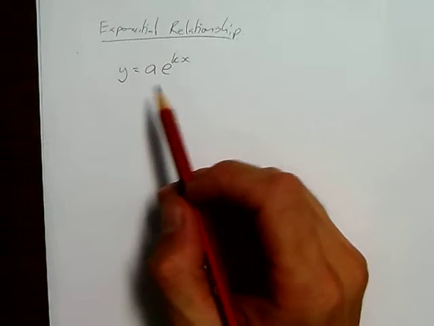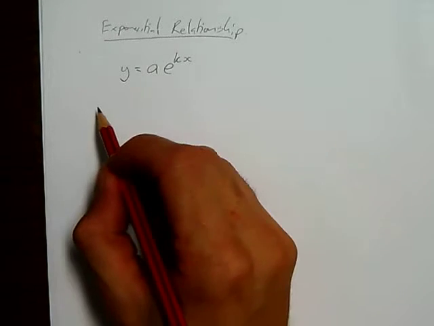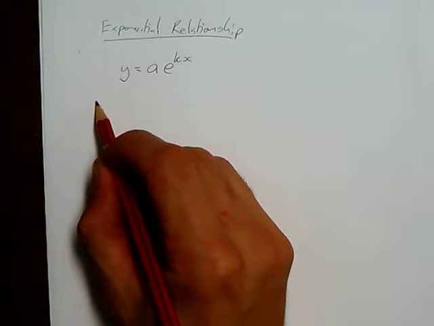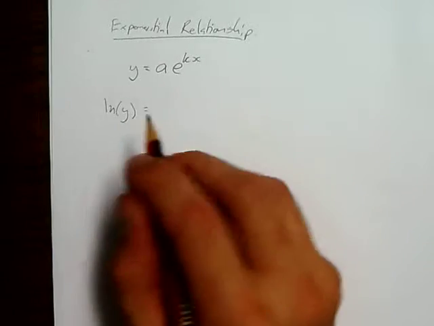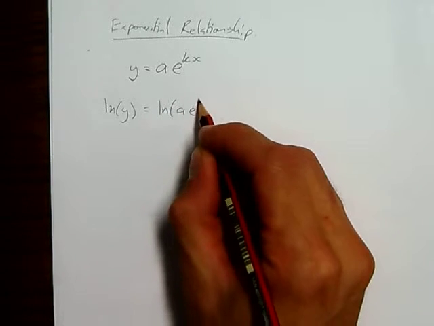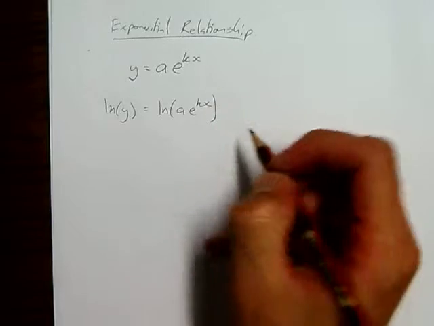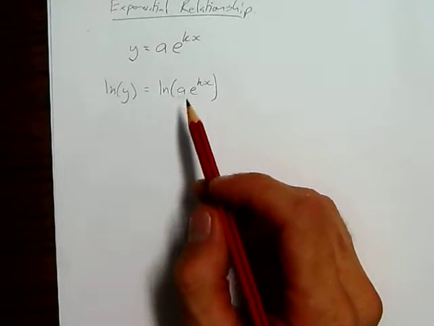So let's see what happens if I take the ln of both sides. So log base e, the natural log. If I take the ln of y over here, I'm going to do the same on the other side. And I get the ln of a e to the kx. Now this is a bit pointless, so I'm going to start breaking it up.